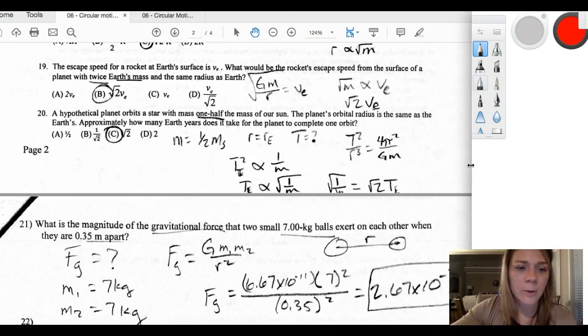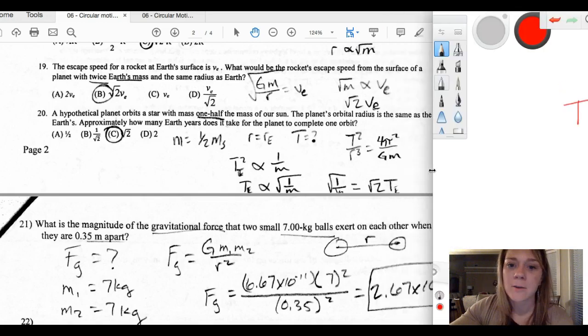So we really could have eliminated choices A and B because a smaller sun would not yield a lower period, a period of a lower value. So their period wouldn't be lower than ours, which would mean it was faster than our orbit. So it had to be C or D, but you had to know the relationship.